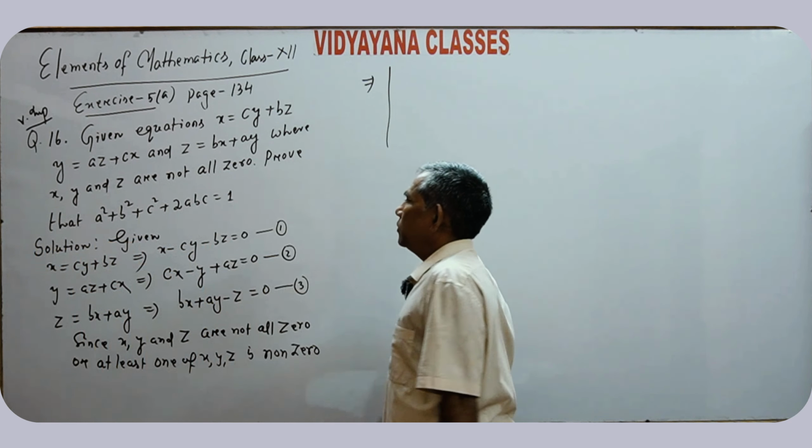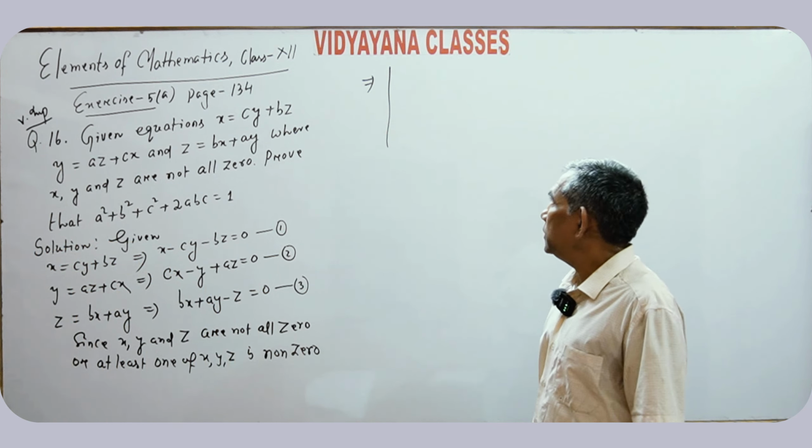Determinant of coefficients of x, y, z is equal to 0.